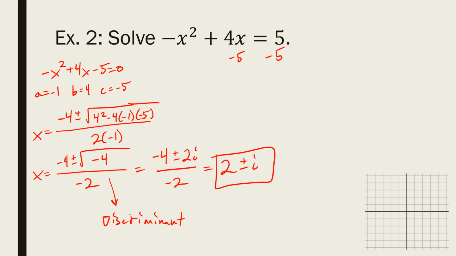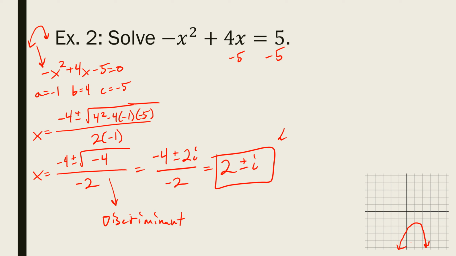So let's think about what the graph looks like. This is a downward facing parabola because my a is negative, and we know that it does not cross the axis because I don't have real roots. I have imaginary roots, and I don't know how to graph those on the x-axis. So if you graphed this in your calculator, it would look something like this.